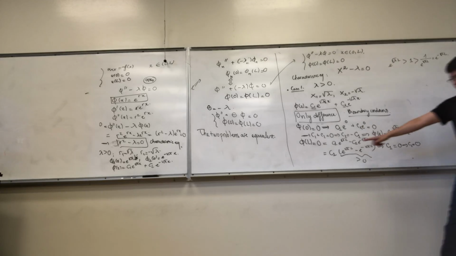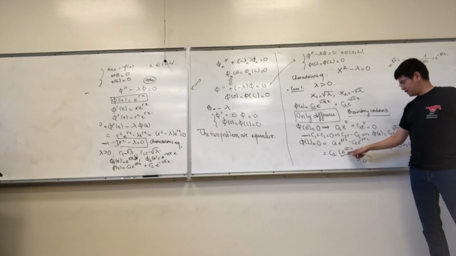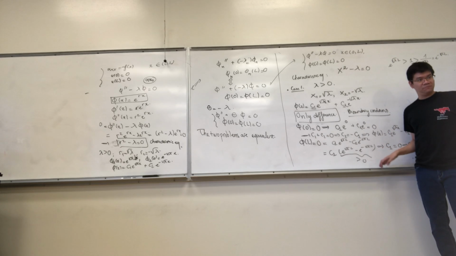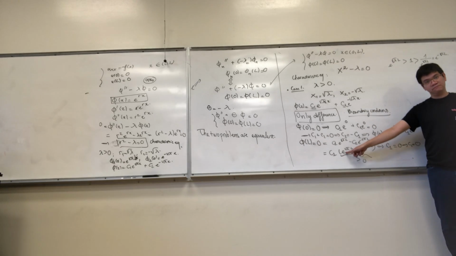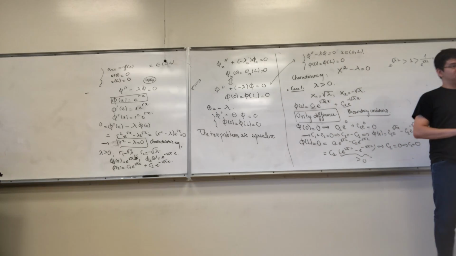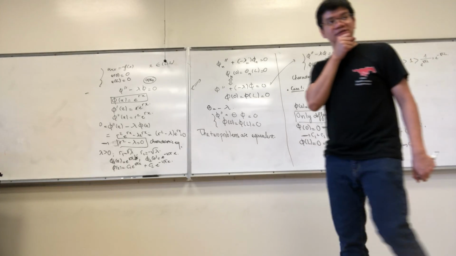You replace the boundary condition at L, you're going to get C1 times exponential of square root lambda L minus exponential of minus square root lambda L. This is strictly positive because the first guy is bigger than 1 and the second guy is smaller than 1. So C1 has to be 0. If C1 is 0, C2 is also 0. And phi is 0. So you don't have any eigenfunction in this case.